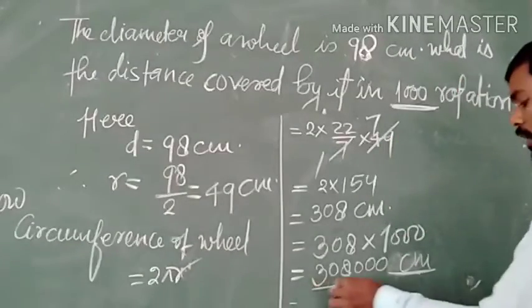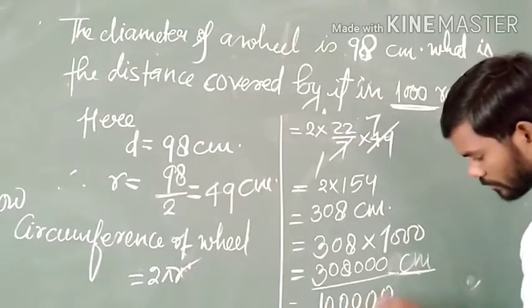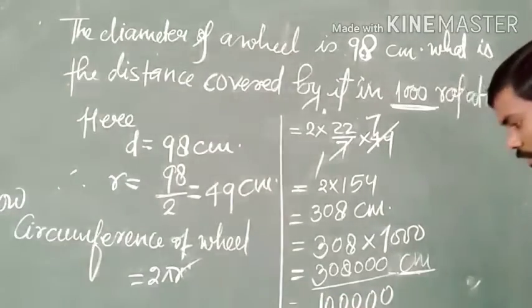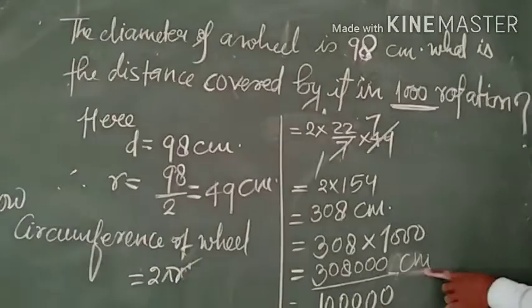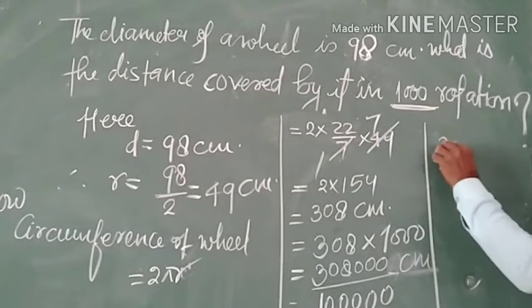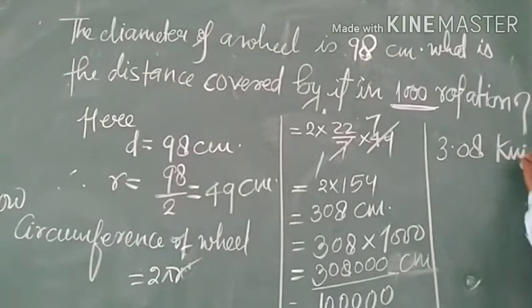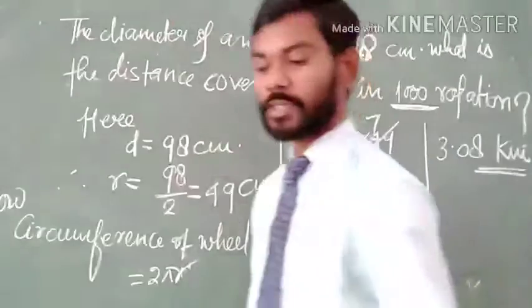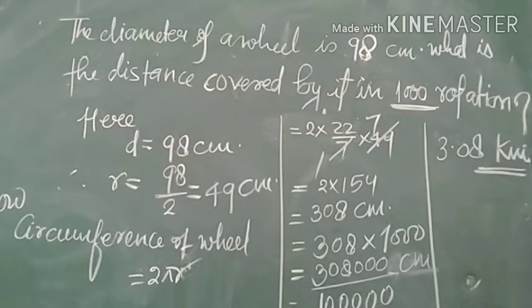When we divide it by 1 lakh, we get the result 3.08 kilometer. Therefore, 3.08 is the right answer.